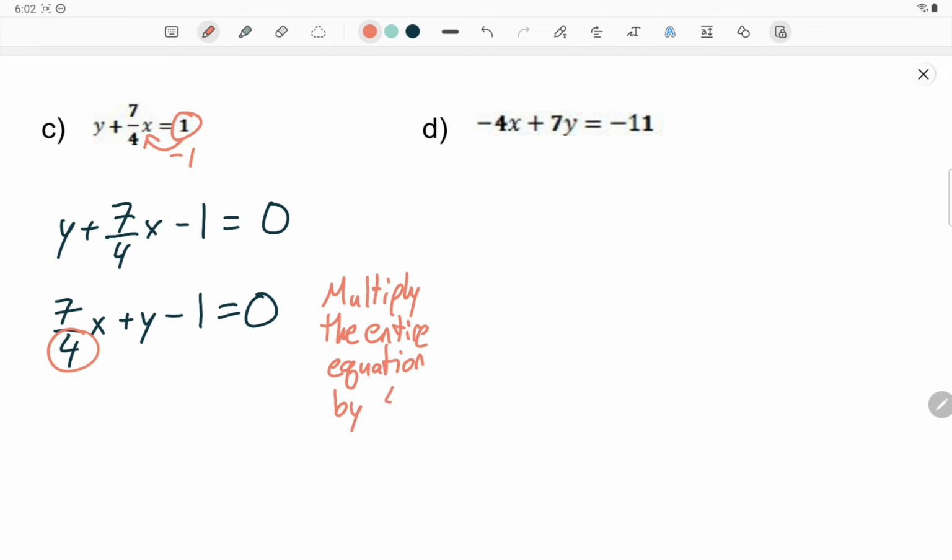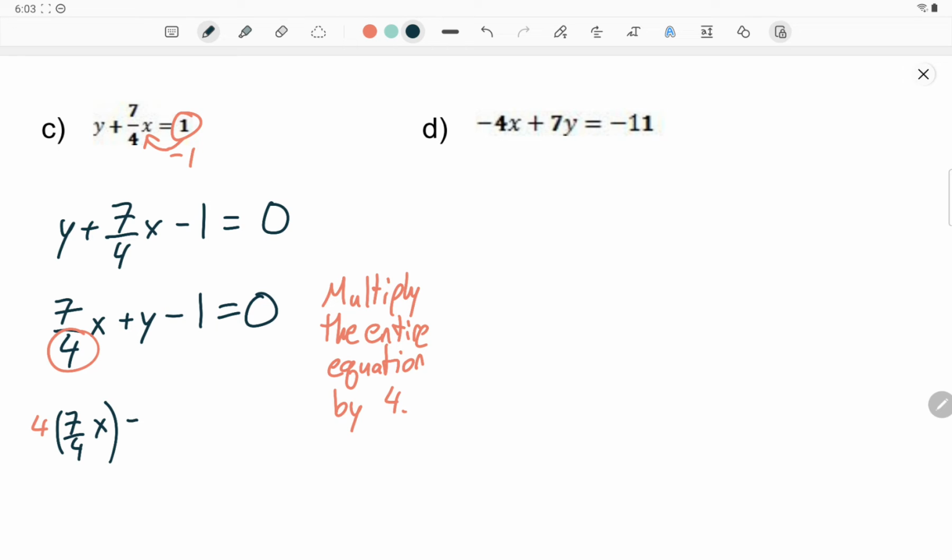by 4. And this is a neat little trick that will allow us to write an equation that means the same thing, but in a sense we're just scaling it so that it doesn't have a fraction anymore. So if we multiply the entire thing, what do we mean? We literally mean we're going to do 4 times, well, the 7 over 4x.